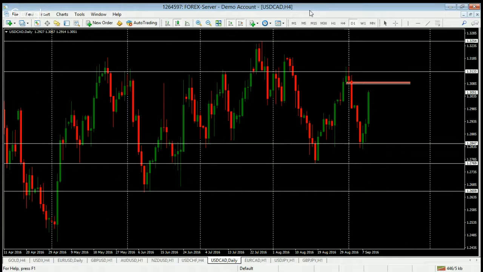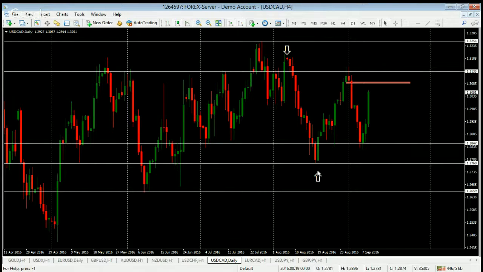Okay, before that, let's just assume right here. Let me add the shapes. So right here, this swing here, let me add another one.